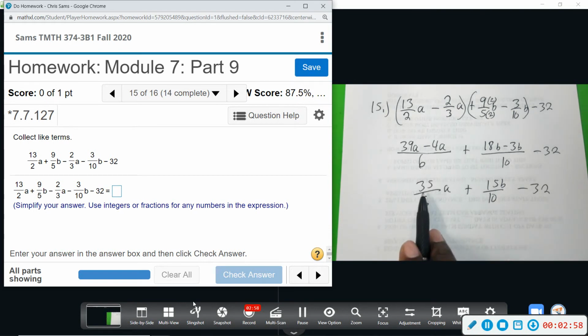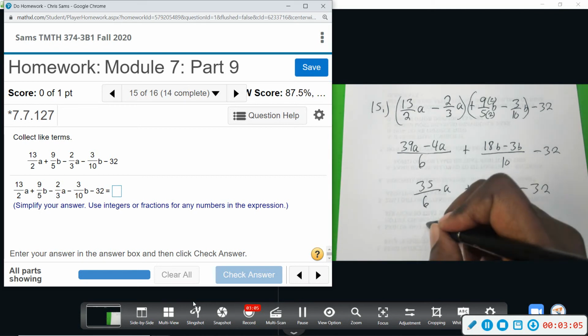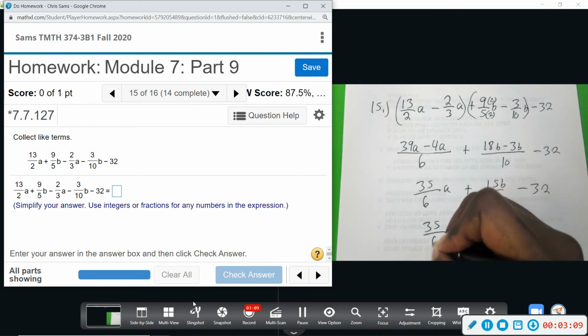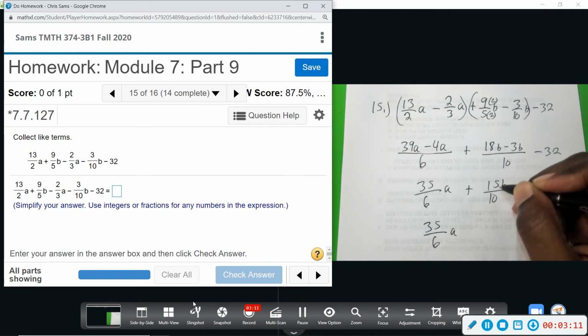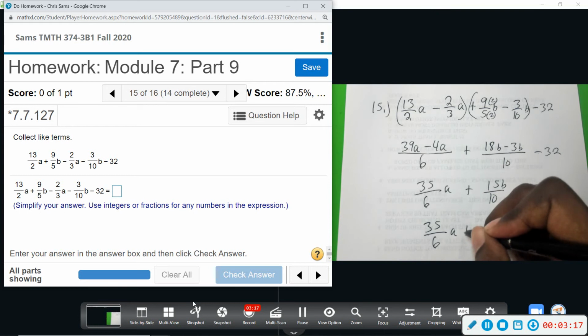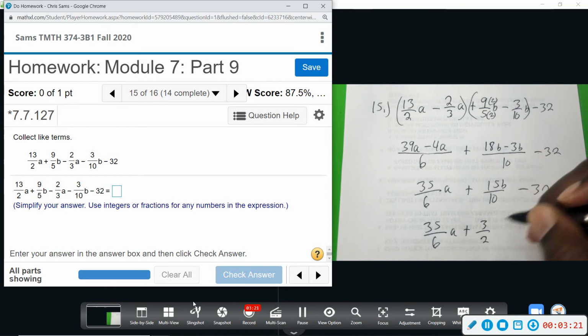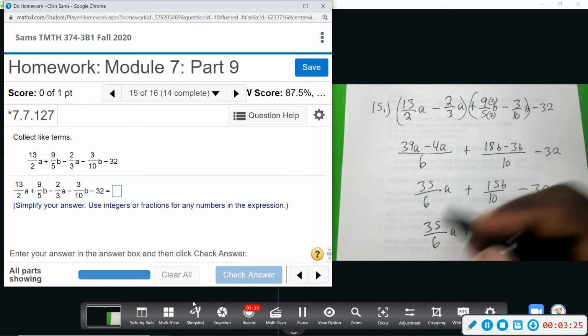All right, 35 is divisible by 5 and 7, so this will not reduce. So we're going to leave it as 35 over 6a. 15 and 10 will reduce, so we can divide both of these by 5, and that will give us 3 over 2. And then minus 32.